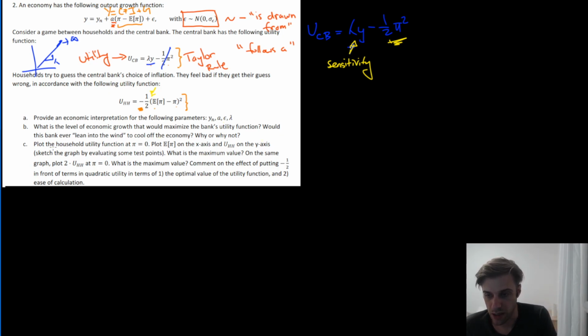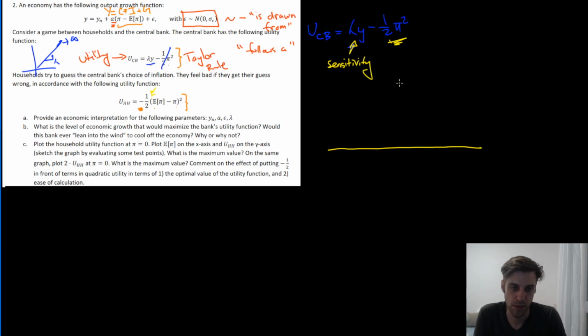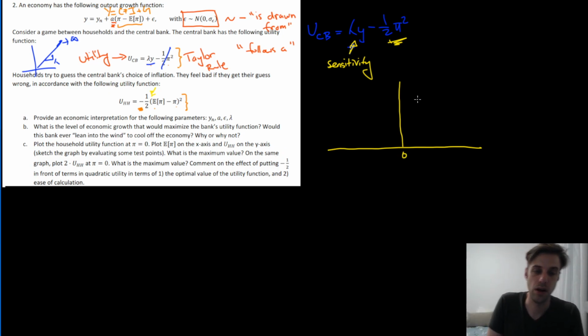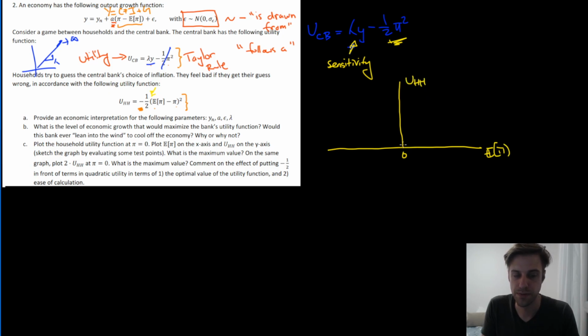So it says plot the household utility function at pi equals 0. Okay, I'll do that. Here's my x-axis, and here's my y-axis, and this will be 0. And so let's do some test points. This is going to be the expected inflation, and this is going to be UHH.